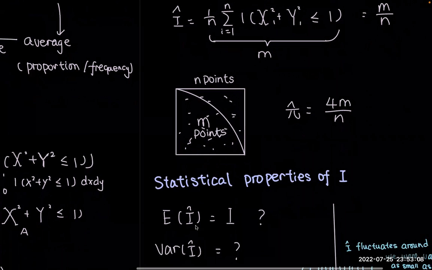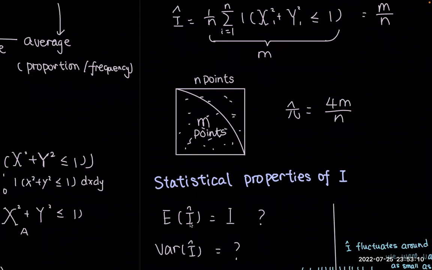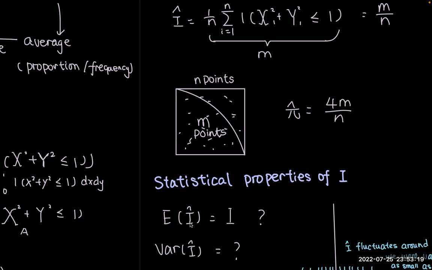In general, pi hat, being a sample average or sample proportion, can change from time to time. You repeat the experiment, you are going to get a different number. But the hope is that on average, this number is our unknown constant.